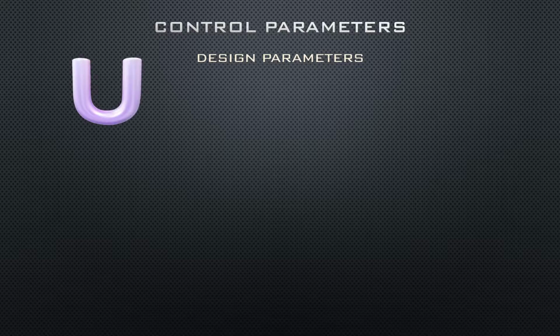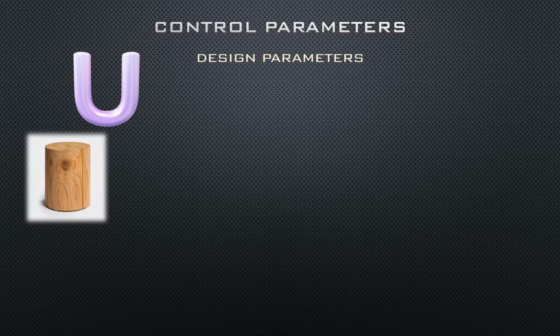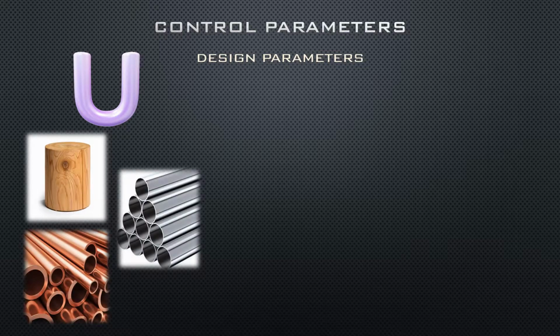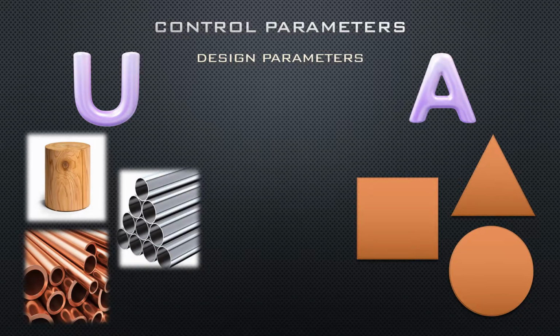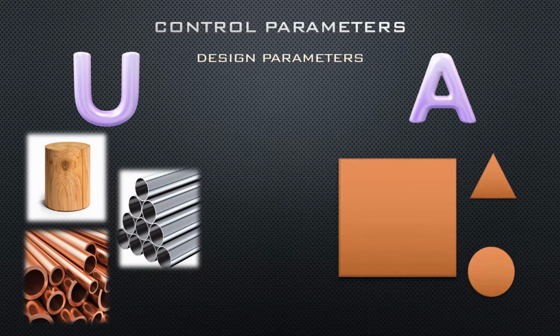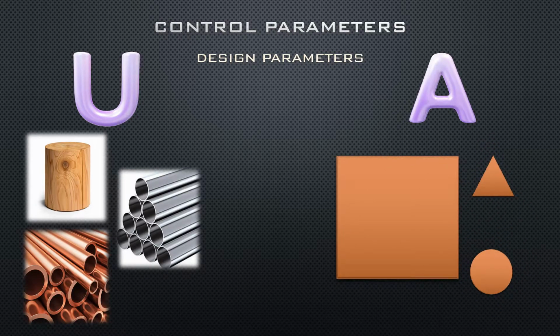How about the overall heat transfer coefficient? Well, since that's a question of what material we use, be it wood or steel or copper, well, if you're using wood, you might be insane, but you're in engineering, so we already knew that. How about another property? What about the area of the interface? Well, if you just pick a shape, you can just go on from there and size your system appropriately. Again, that's going to be a design parameter.